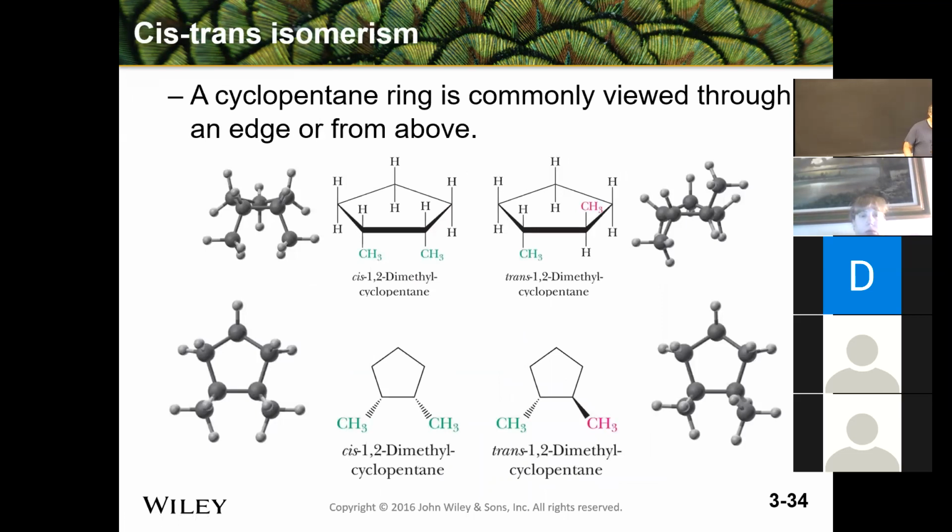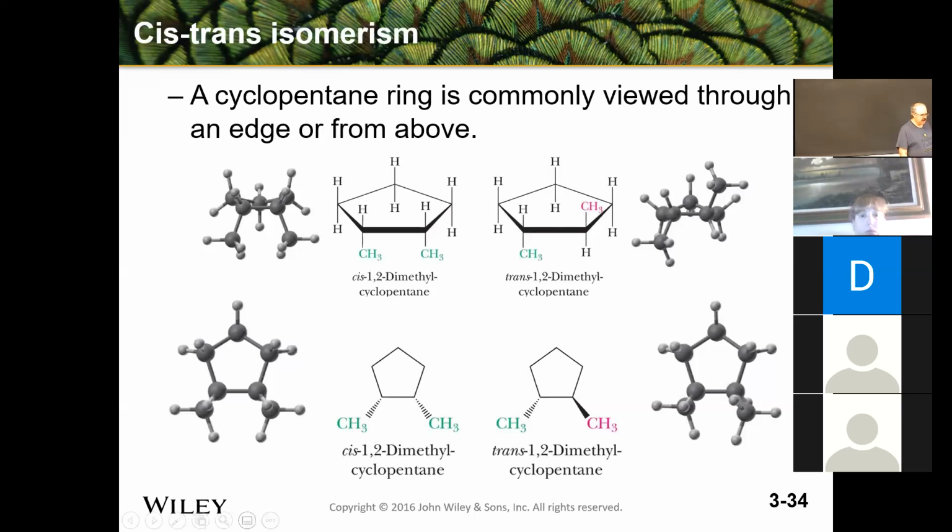Then we also talked about cis-trans isomers. These are distinct from constitutional isomers. Constitutional isomers would be, for example, 1,1-dimethyl cyclopentane and 1,2-dimethyl cyclopentane.